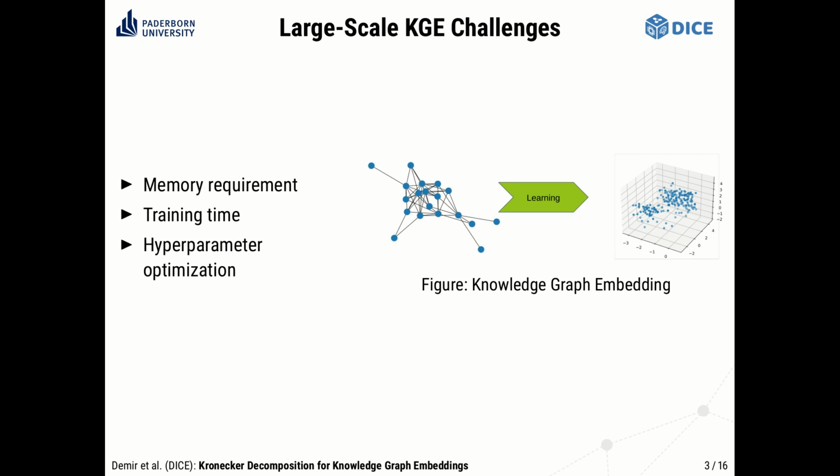Imagine that we have billions of facts. We would like to design a model that allows us to compute embeddings with a lower memory requirement and ideally also decreases training time, and by these means we can perform hyperparameter optimization.